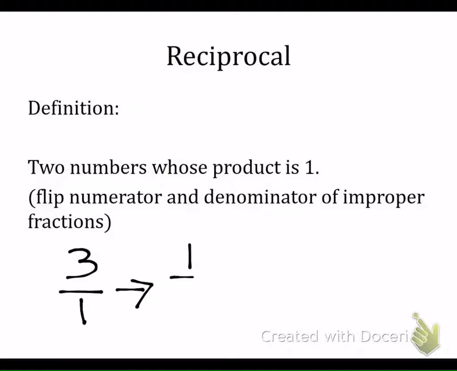The reciprocal would be 1 over 3. If I have 2/3 and I want the reciprocal, I flip it and make it 3 over 2. So a reciprocal is just a fancy way of saying flip the fraction. If it's not a fraction, make it a fraction.